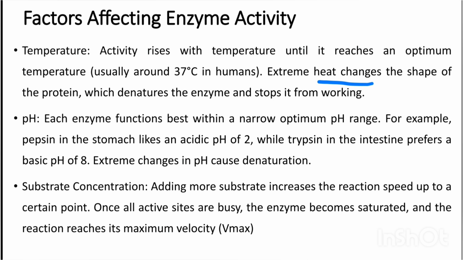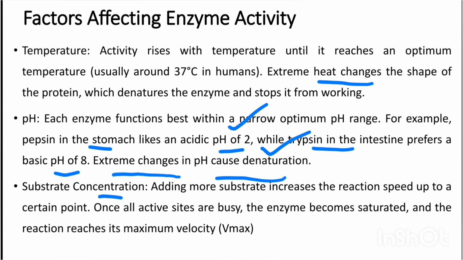Then the enzyme stops working. Next, pH. Each enzyme functions best within a narrow optimum pH range. For example, pepsin in the stomach likes an acidic pH of 2, while trypsin in the intestine prefers a basic pH of 8. But extreme changes in pH cause denaturation.